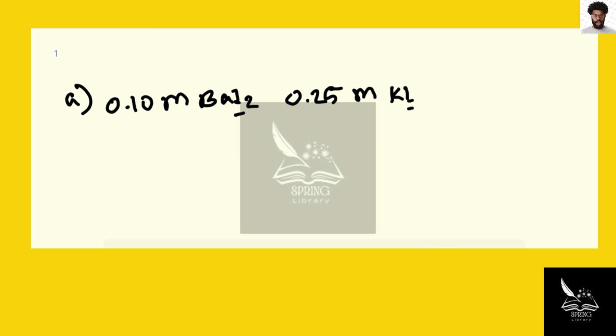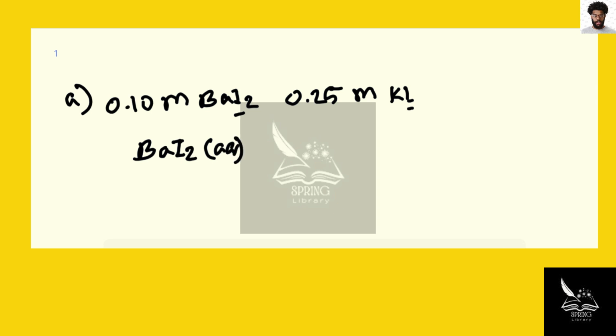All right. So to do that, first we have to know which one will produce what amount or what concentration of iodide ion. So for that we have to write down the ionization reaction for each compound here.